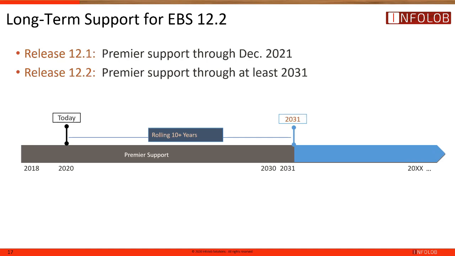So you have 10 more years. 12.2 is a long-term release, so there are 10 years to innovate. Every customer should consider moving during the next couple of months and move on to 12.2 and leverage the next decade of innovations Oracle gives by upgrading.